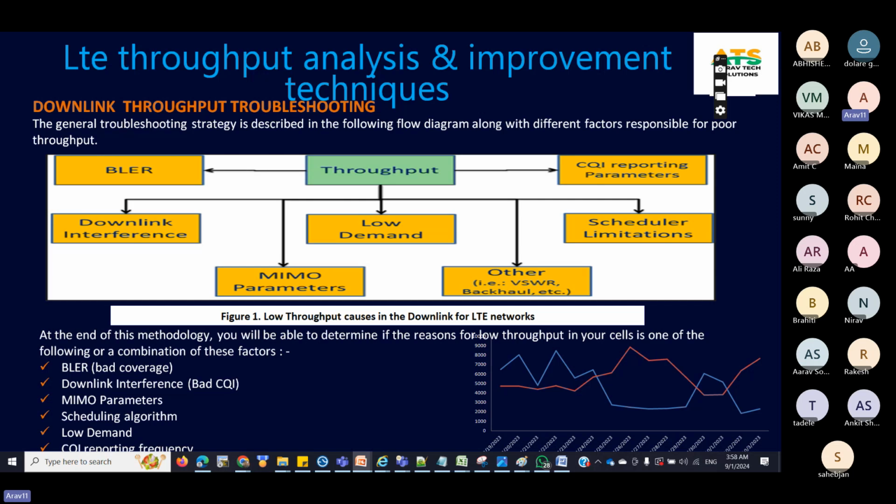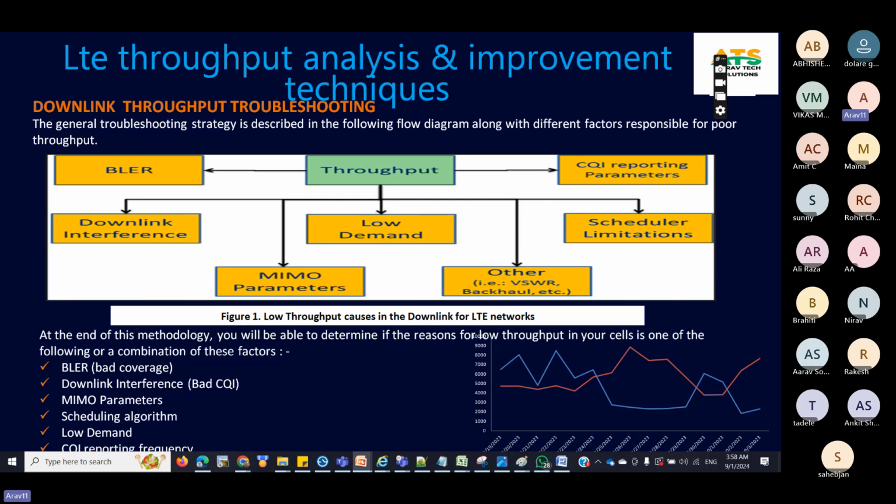If you are in poor radio condition, then will your CQI be good or bad? CQI will be poor as well. In poor radio condition, your CQI will be poor, and if CQI is poor, that means you will get poor SINR, and poor SINR means you will get less throughput.